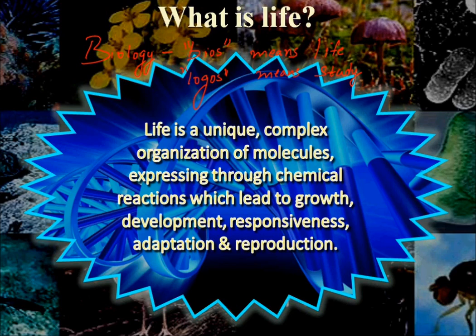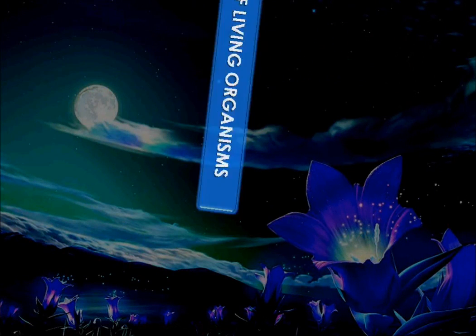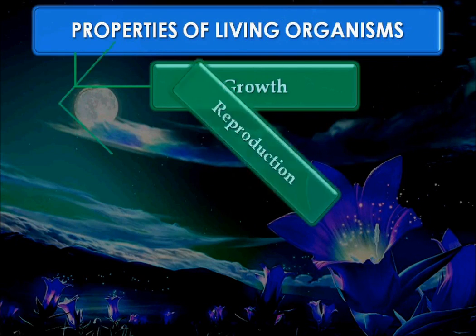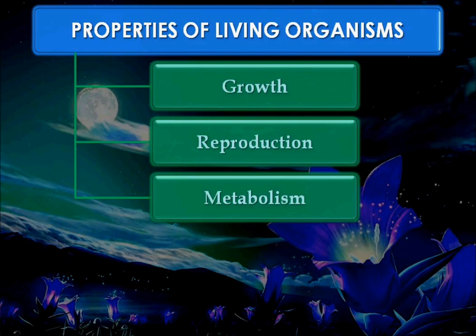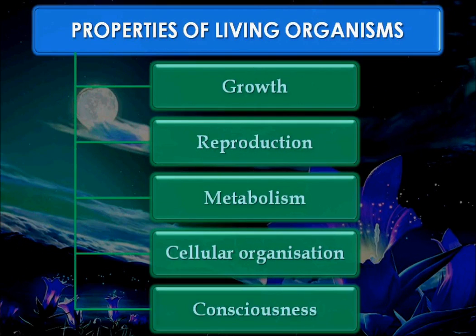Now let us understand the characteristics of living beings. So all the living beings, they share certain unique basic characteristics which set them apart from non-living objects. These characteristics are listed below.